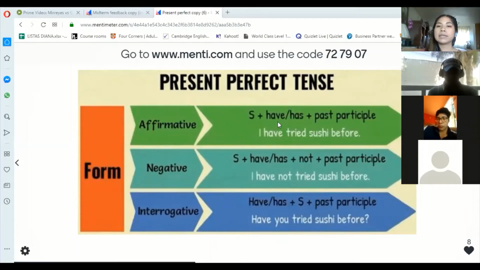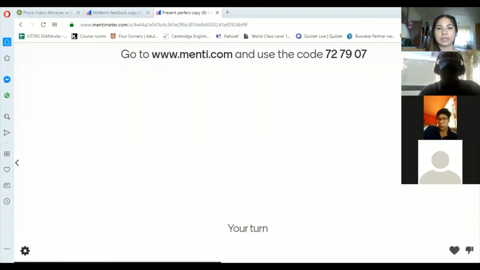If you omit this auxiliary, have, is simple past. Si ustedes no le ponen have, solo dice I tried. Yo probé. Pero no es pasado simple. Tienen que agregar siempre el auxiliar. I have tried. You can make a contraction. I've tried.